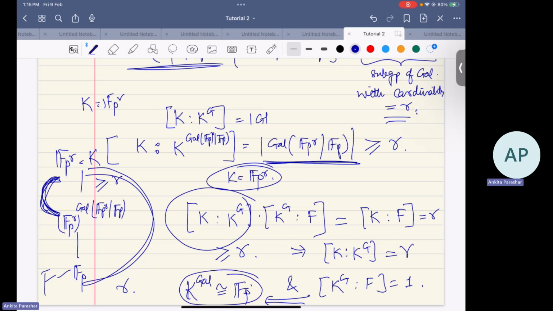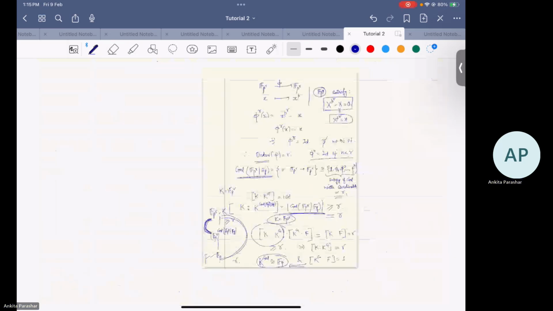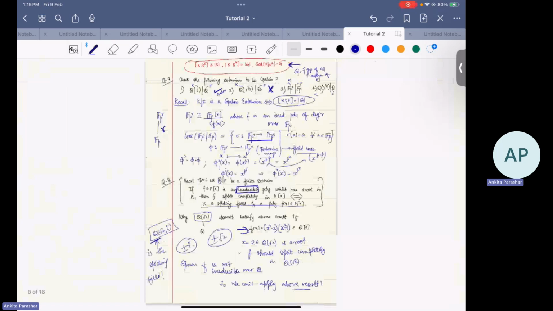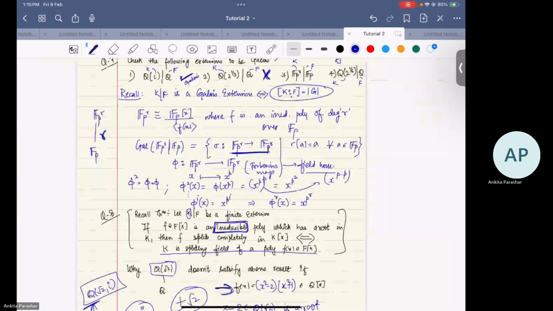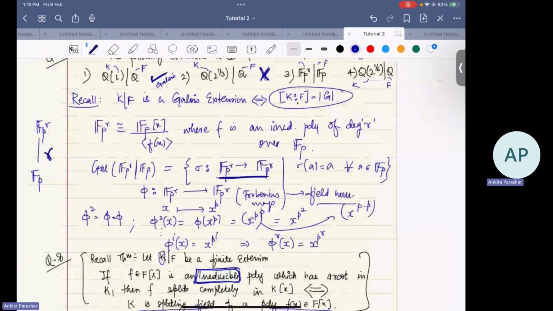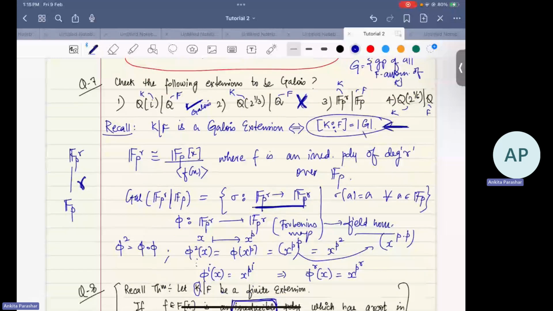And you will also get that your Galois group is actually equal to R. That means, going back, the Galois group cardinality, look at the definition, is R. The index is also R. Therefore, this is a Galois extension. This requires a little bit of work. For finite fields, things require some work.